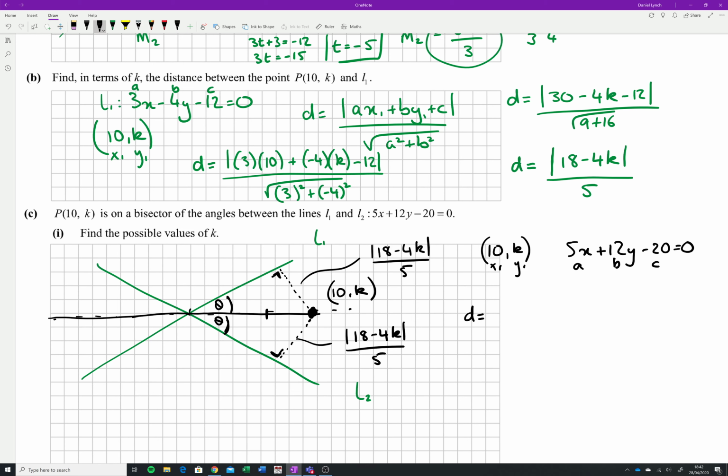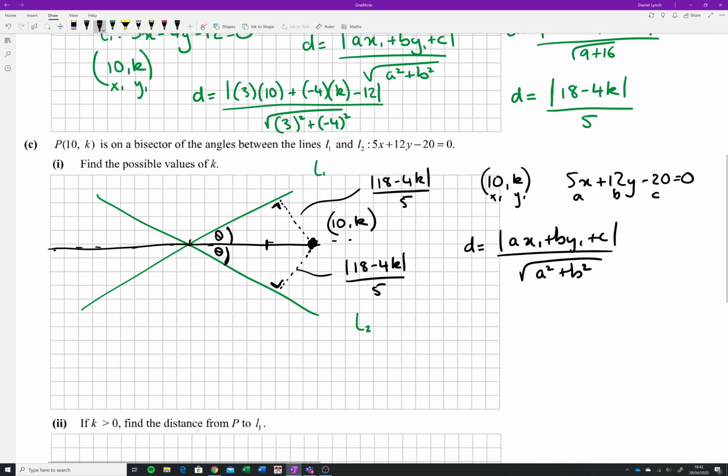So we'll say the distance is equal to the absolute value of ax1 plus by1 plus c, over the square root of a squared plus b squared. That distance, we actually know already. We know that it's 18 minus 4k over 5.